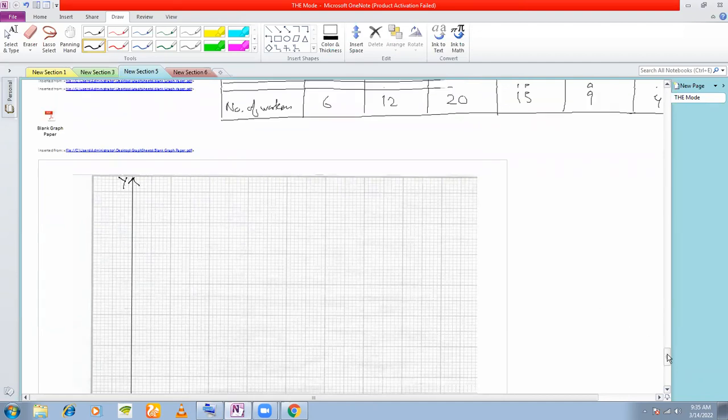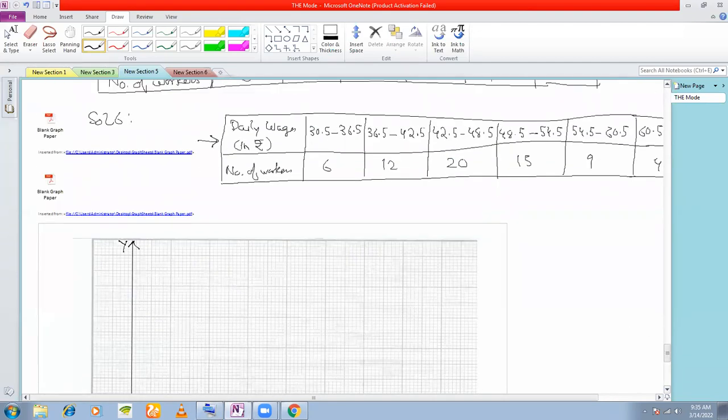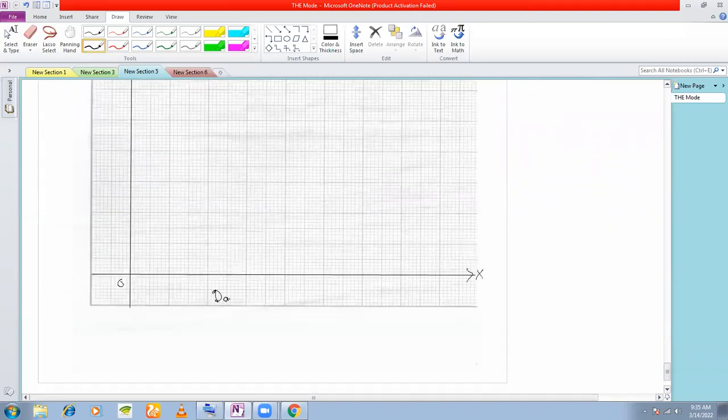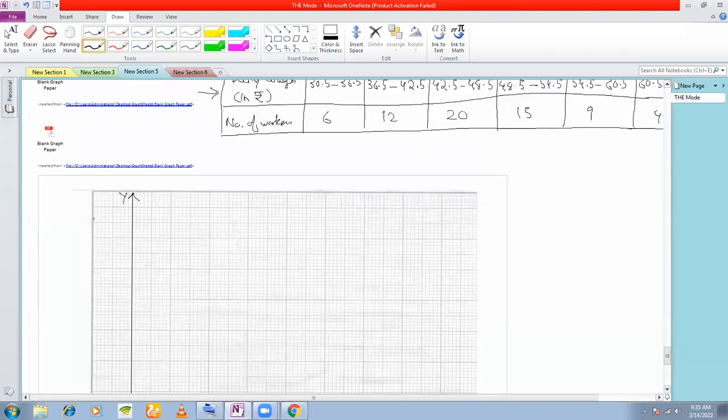And what are you going to plot along the x-axis? You're going to plot the daily wages. So daily wages in rupees. Right? And here what are you going to plot? The frequencies or the number of workers, right?